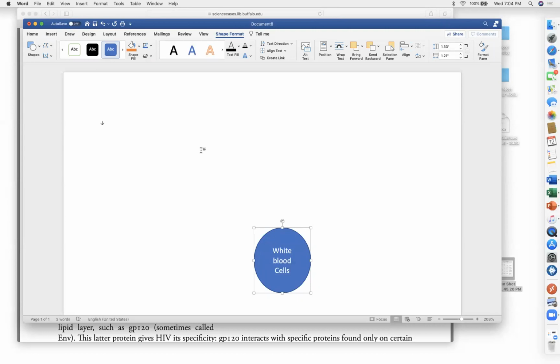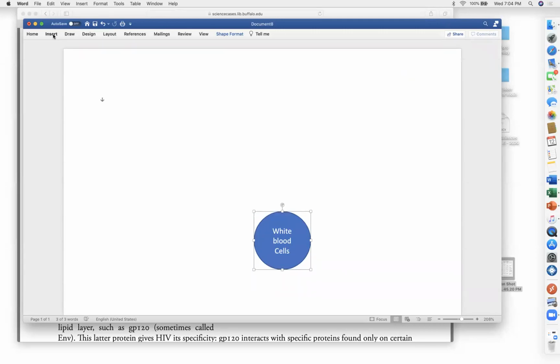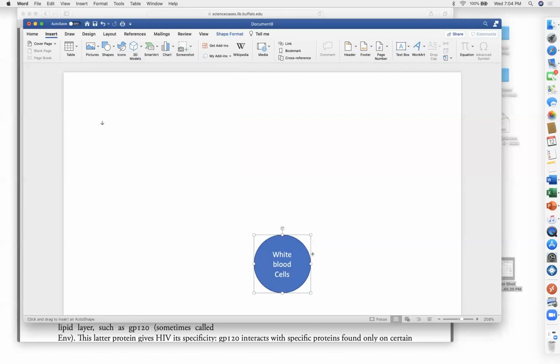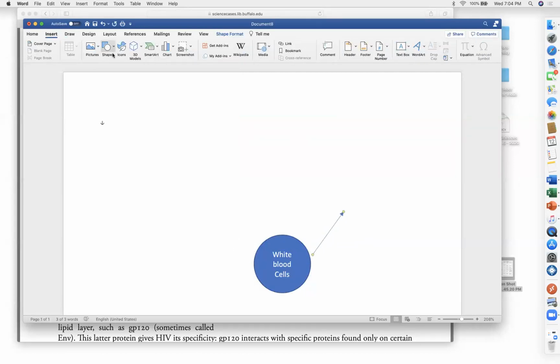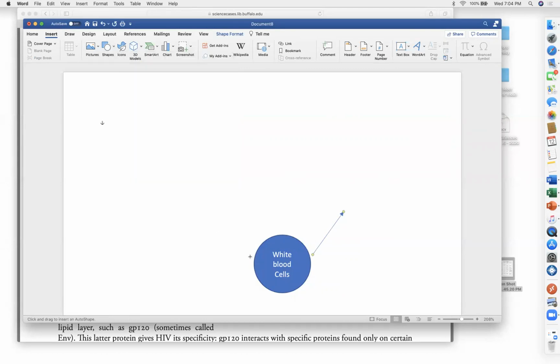From there, we know we have 2 categories of white blood cells. So I insert shapes again, an arrow that goes this way, and another arrow that goes this way.